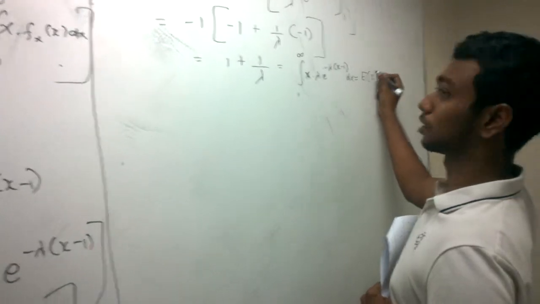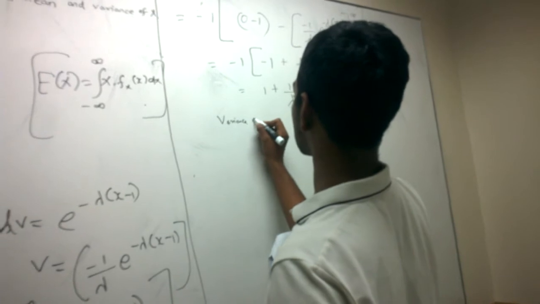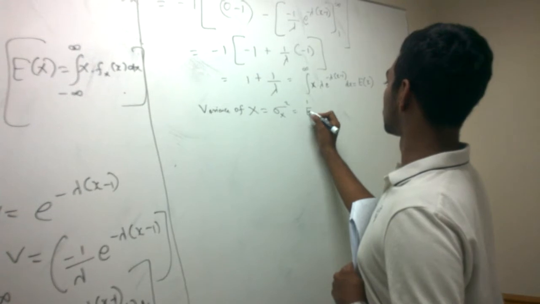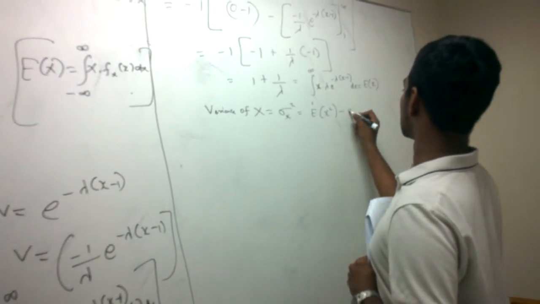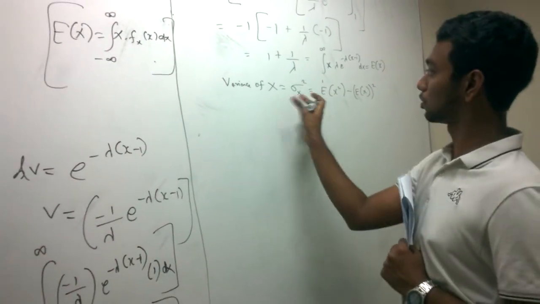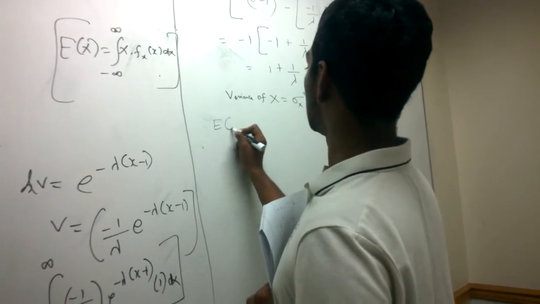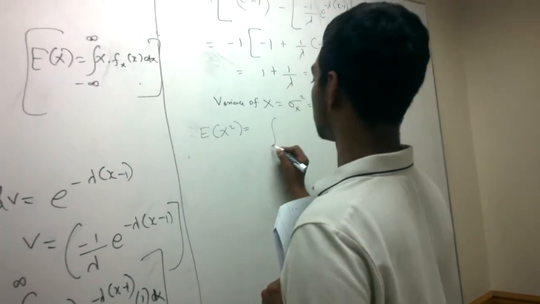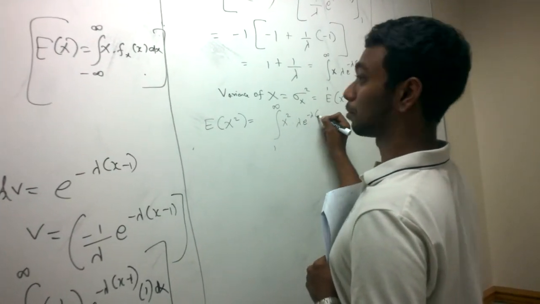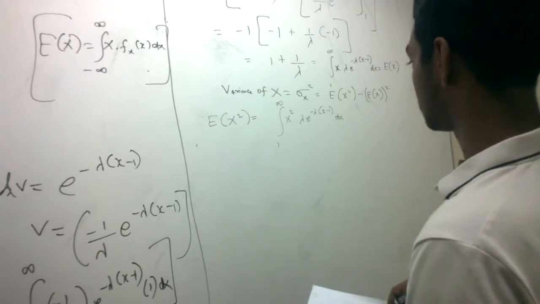Next, we need to find the variance of X. So we need to find the E[X squared] term so that we can substitute and find the variance of X. E[X squared] is going to be the integral, again from 1 to infinity, of x squared times lambda e power minus lambda (x minus 1) dx.